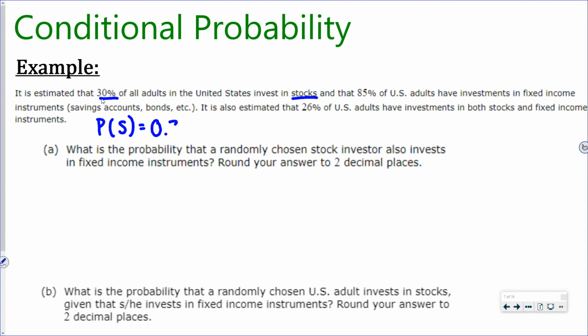I'm going to write it as a decimal. The probability that a selected adult has some fixed income, such as a savings account, I'm just going to do F, is 85%, so 0.85.